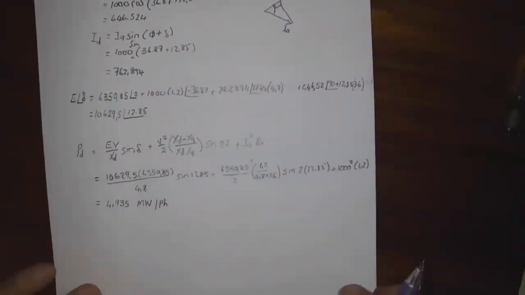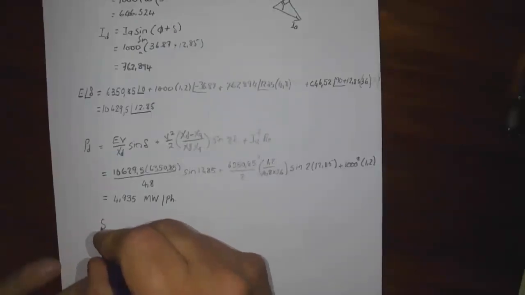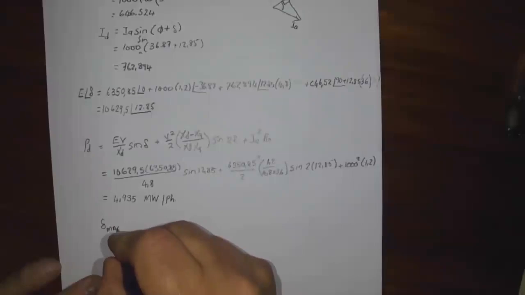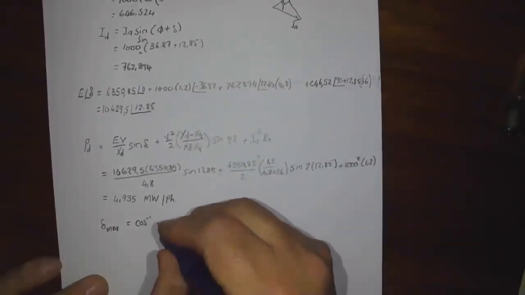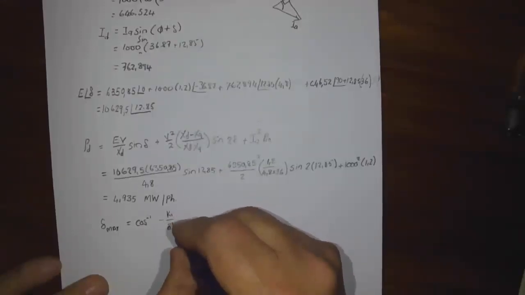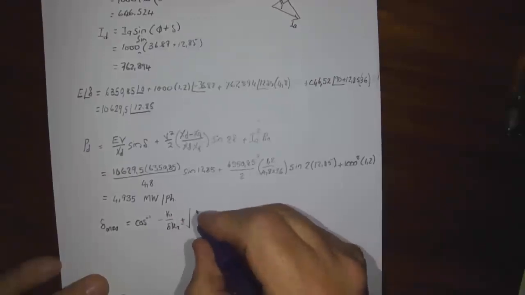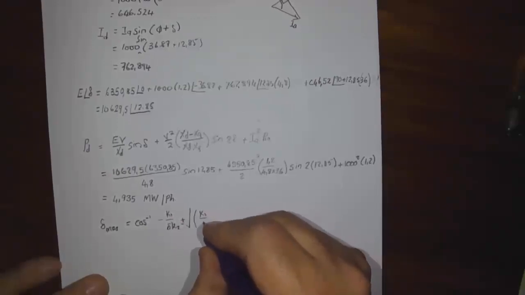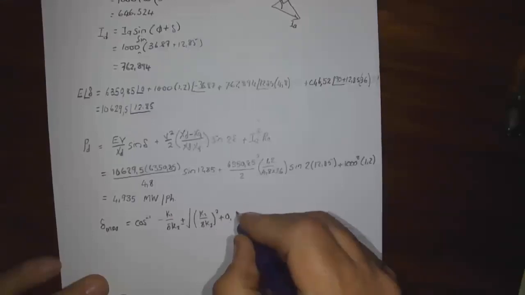Okay, now we can determine the maximum delta. It's arccos of minus K1 over 8K2 plus or minus the square root of K1 over 8K2 squared plus 0.5.